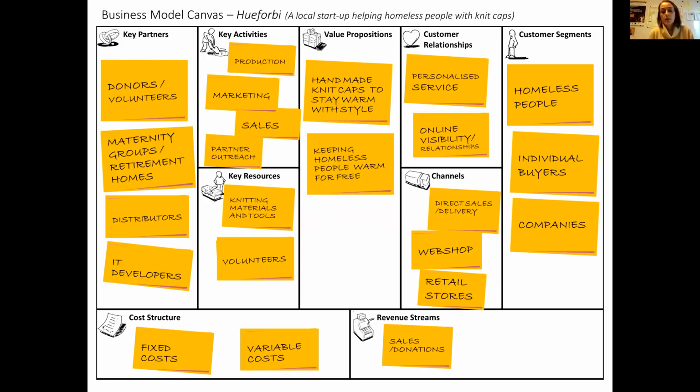So maybe the costs related to this can be grouped in fixed costs, and variable costs are the costs of materials that we use, which change according to the magnitude of operations. So I grouped all these, and with the cost structure, we have completed our business model canvas.